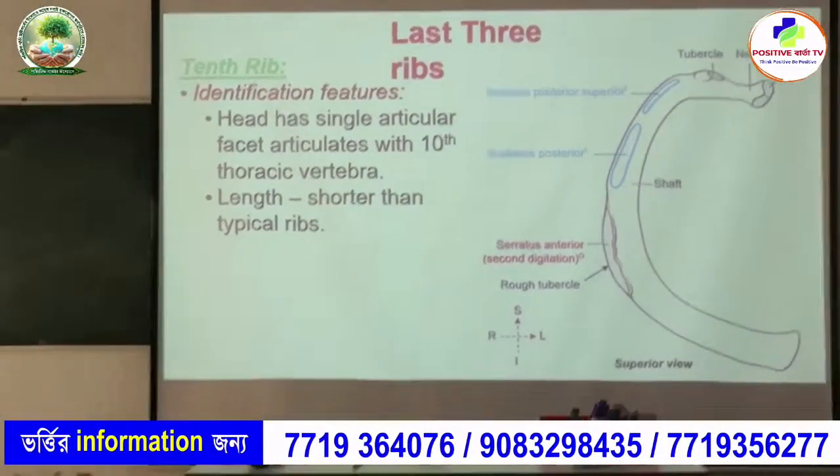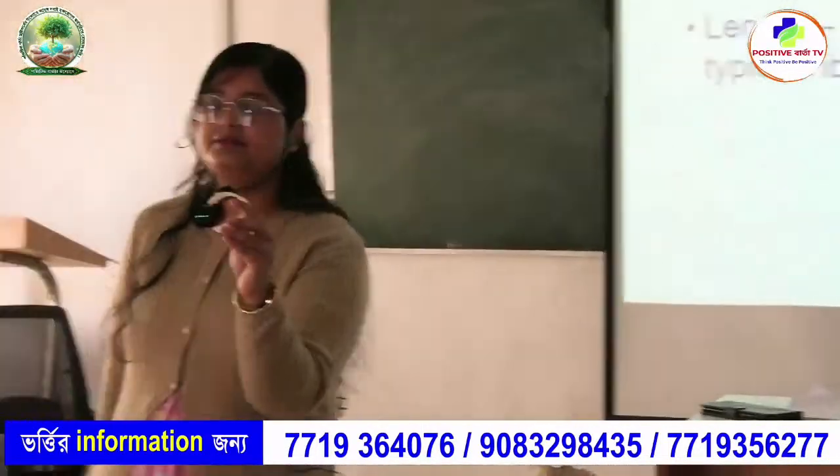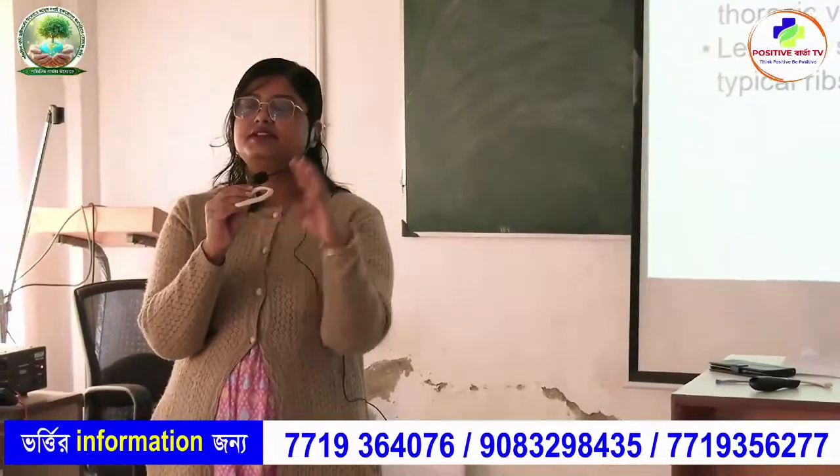This is the second rib of the left side. The convex surface is facing upward and laterally. The concave surface is facing downward and medially. In the posterior part, a small costal groove is present. Here is the tubercle having two parts, articular and non-articular, and the head containing two facets. It is almost twice the length of the first rib. This is the rough area where serratus anterior is attached, and the other two muscles are attached over here.